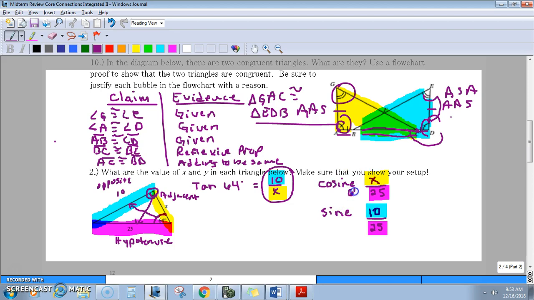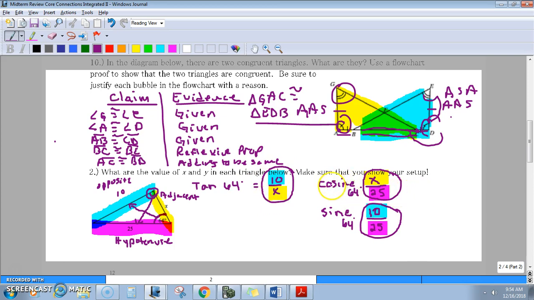I could put 64 here and 64 here. The cosine of 64 is x over 25, and the sine is 10 over 25. So the cosine and the sine always have the hypotenuse as the denominator, and the tangent is made up of the rise over the run.